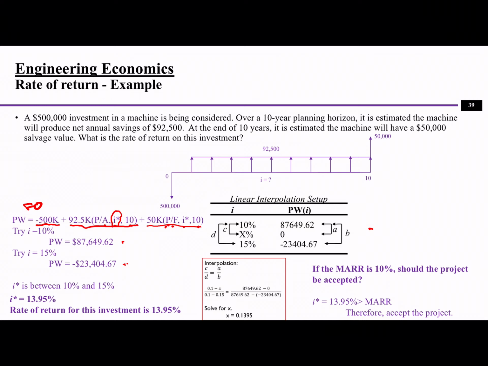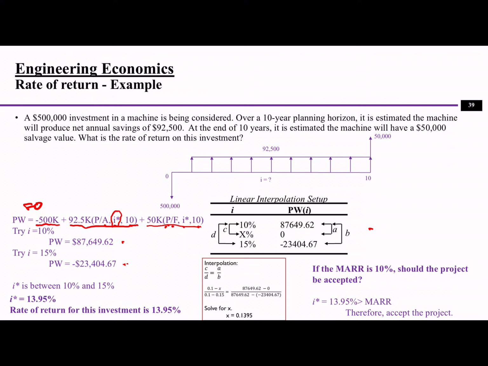So for example, I tried 10% here. Someone may ask, why do you try 10%? Why don't you try 1% or 99%? Well, the reason I try 10% is because probably I already tried something else, right? Probably I already tried 5% and it's a really large number.